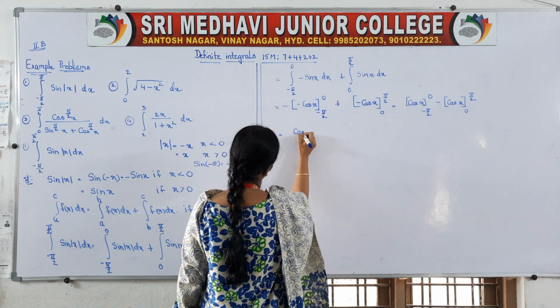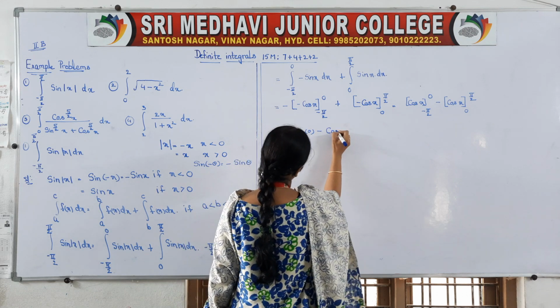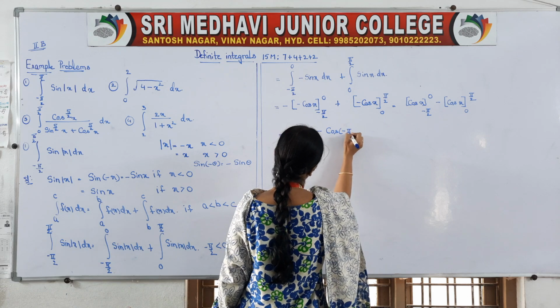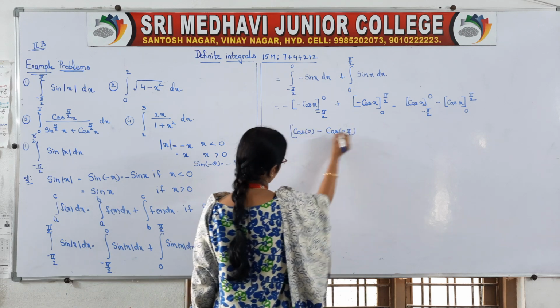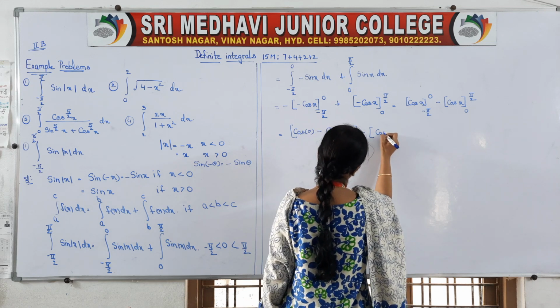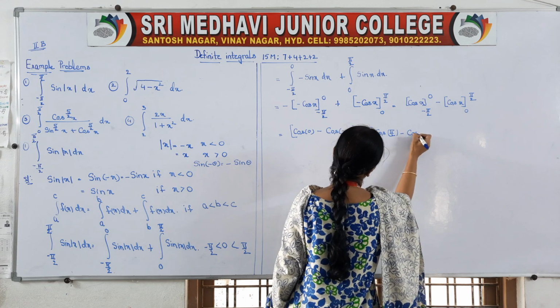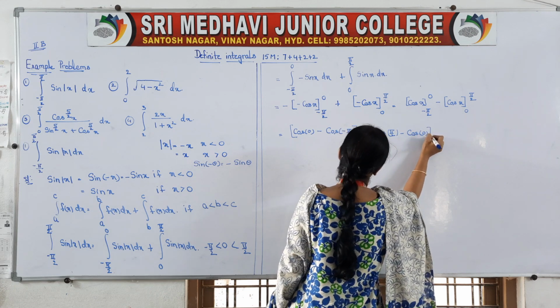So it is cos of 0 minus cos of minus pi by 2, upper limit minus lower limit. Same thing there also: cos of pi by 2 minus cos of 0.